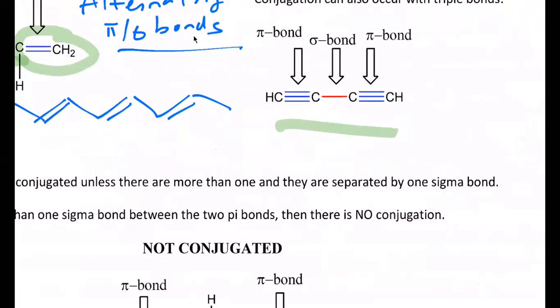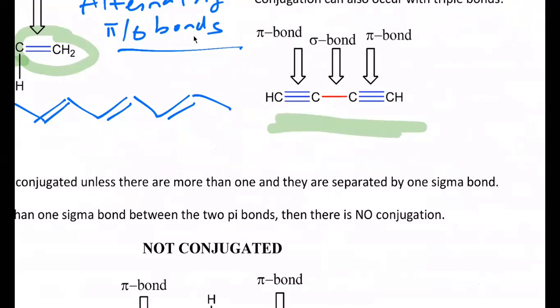And again, they have to be alternating. And the reason for that is because of the orbitals overlap. So what makes a system conjugated is when the p orbitals are able to overlap with one another. So you probably should have seen that in the video.